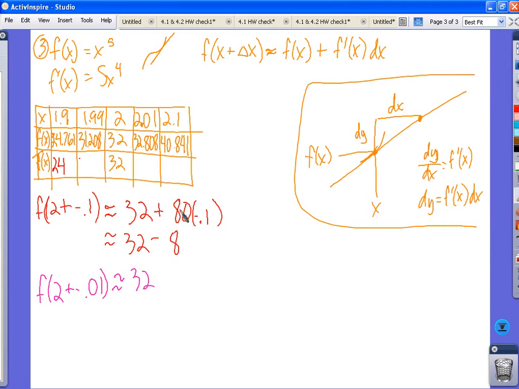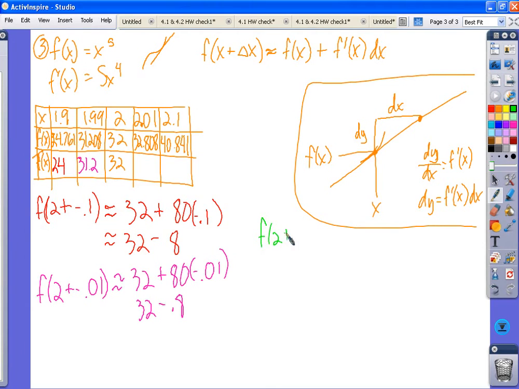This tangent line is still going to have a slope of 80, but then we're going to multiply it by negative 0.01. We're going to go an even smaller fraction of that slope of 80. 32 minus 0.8, right? That's 31.2 exactly. And so now we're only off by 8 thousandths. That's considerably better.